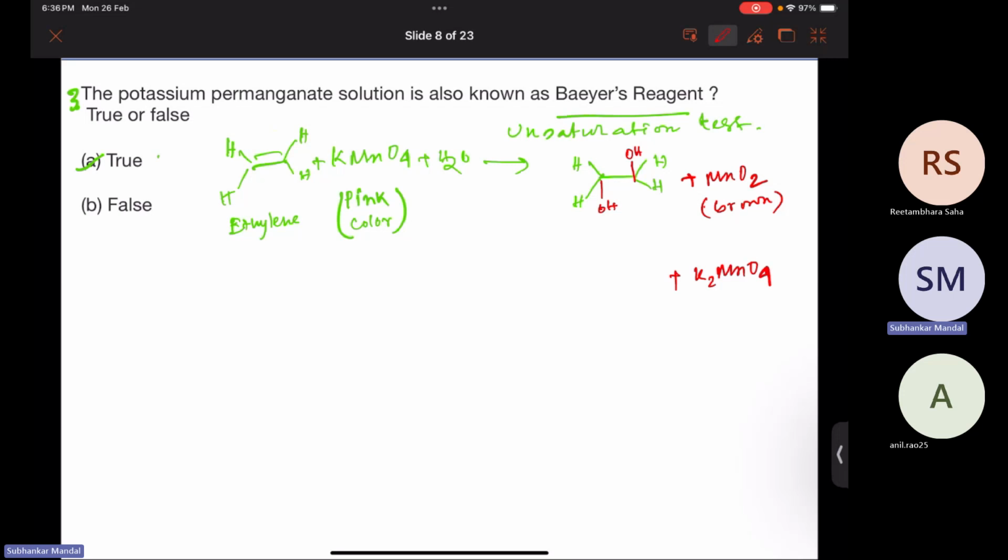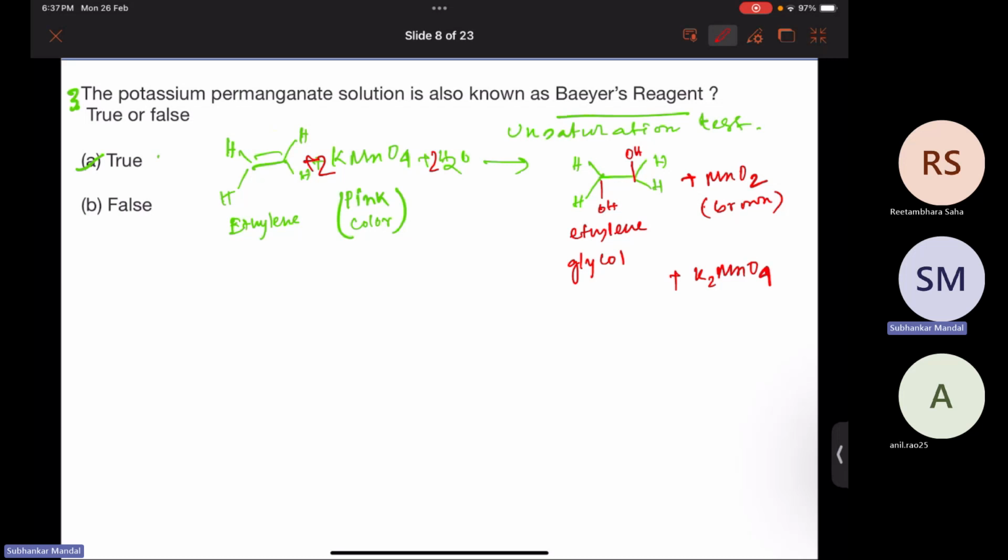This product is named ethylene glycol. If I balance it, I think this will be 2, because 2 potassium ions are there, and for water it will be 2. So this is the main strategy.